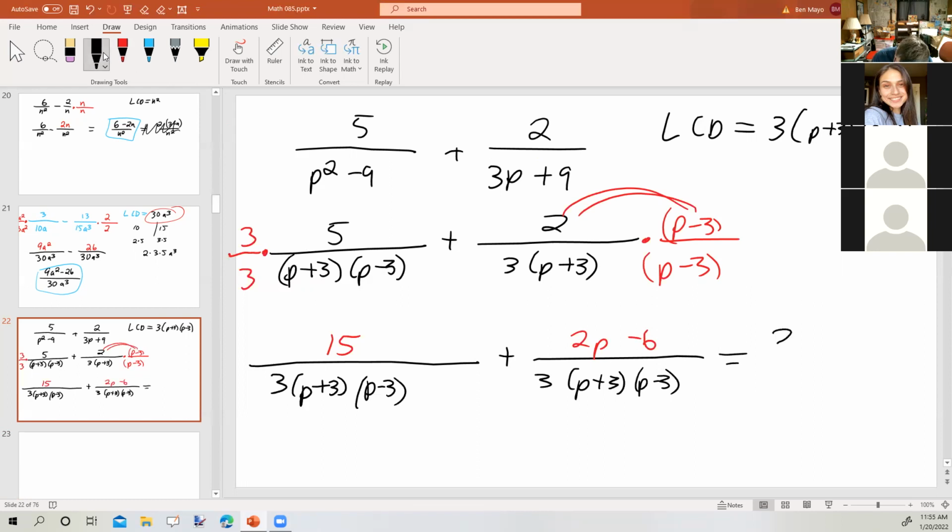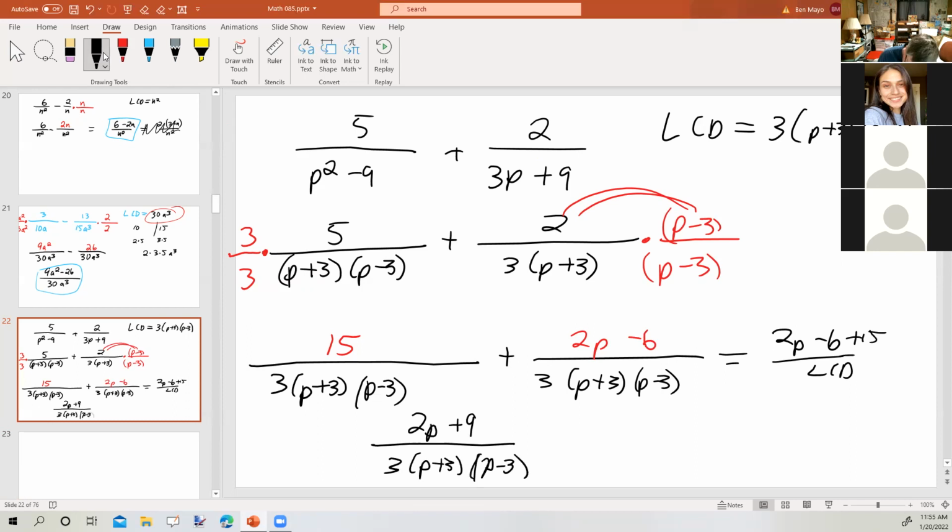So now I've got 2p minus 6 plus 15 over the LCD, which is 2p plus 9 over 3 times p plus 3 times p minus 3.